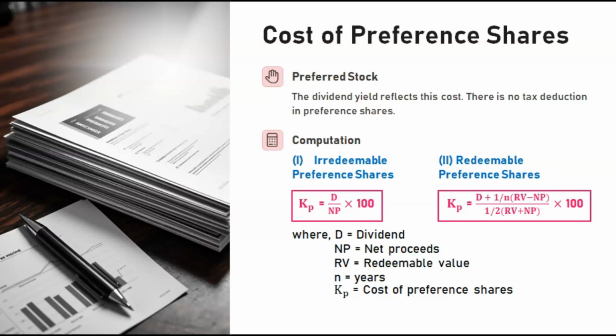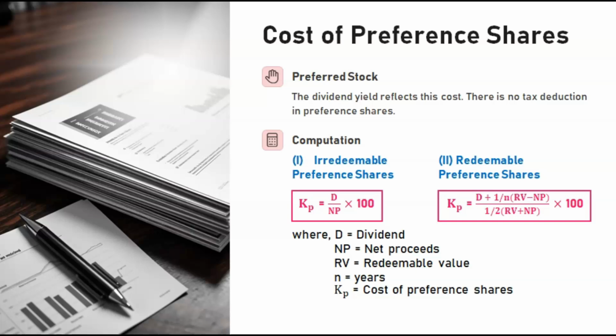Preference shares are shares issued by the company where the shareholders are given preference. Whenever the profits are distributed, they will get it first, among the preference shareholders based on their share percentage.